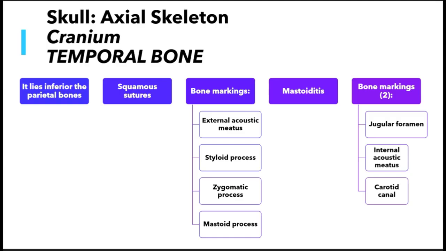We also have the carotid canal. The carotid canal is anterior to the jugular foramen on the skull's inferior aspect. It is where the internal carotid artery runs through, which supplies the most blood to the brain.